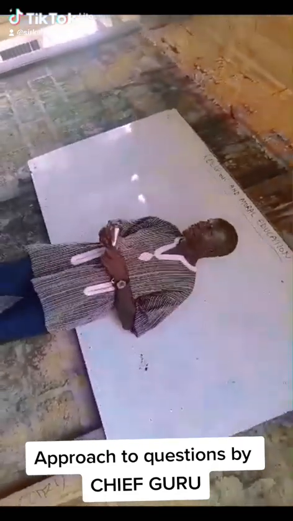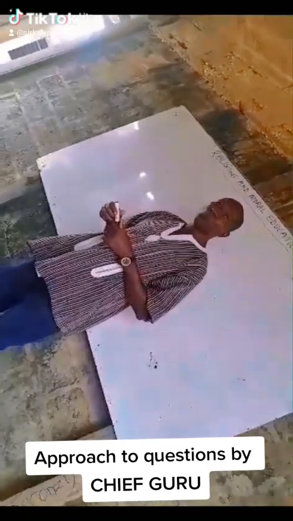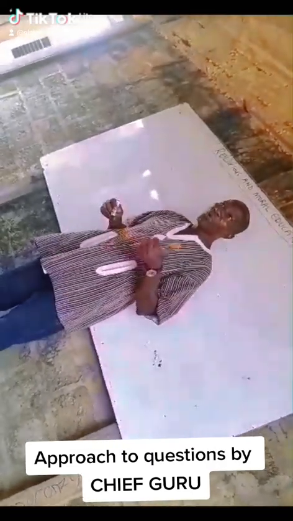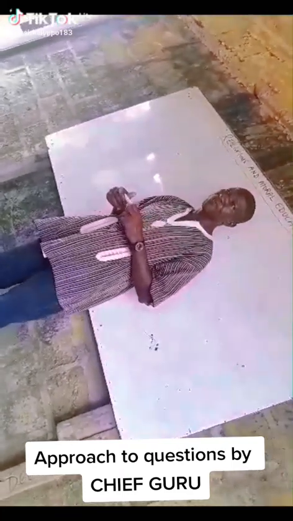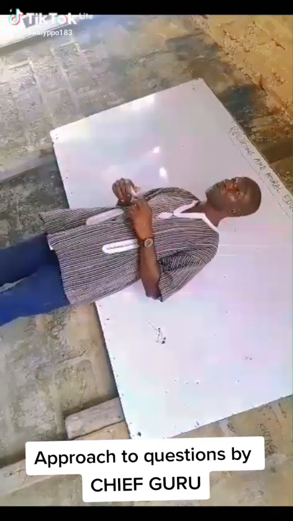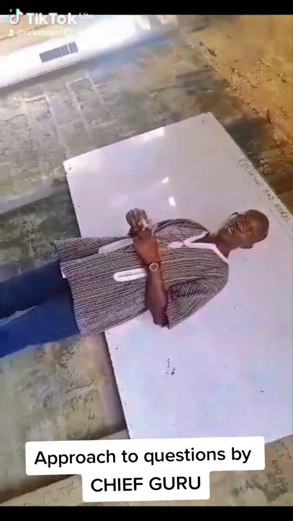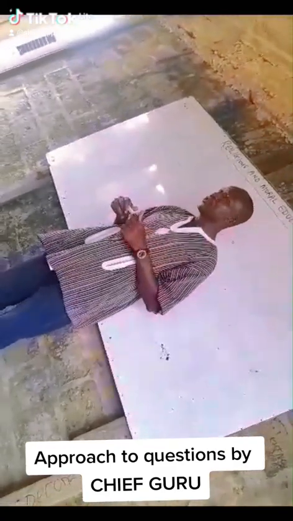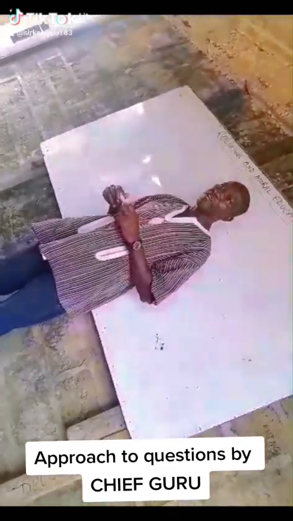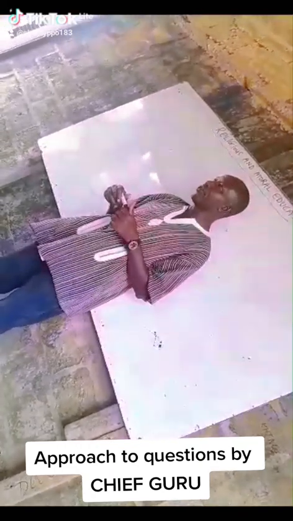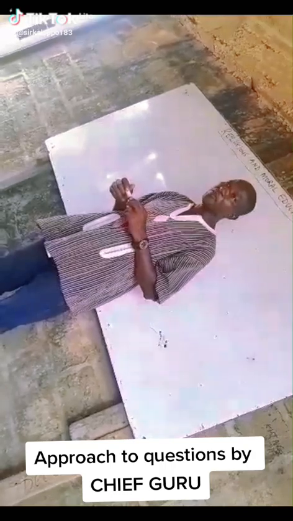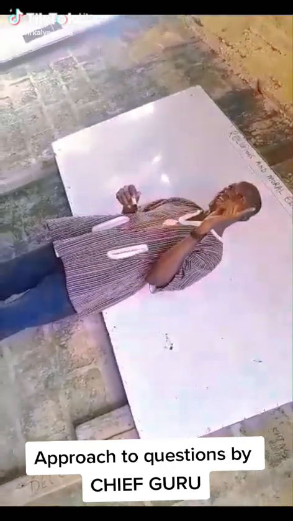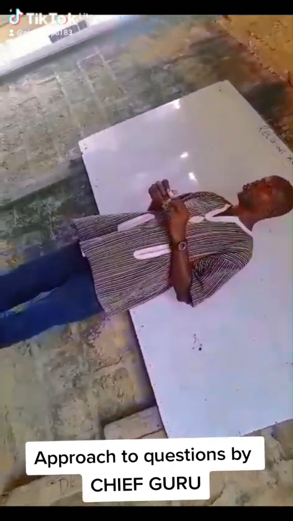All right, this afternoon we want to look at how we approach questions in RME. Now, if you want to be a good driver, you must have a manual to the vehicle you want to drive. In RME, there are two ways of answering questions.